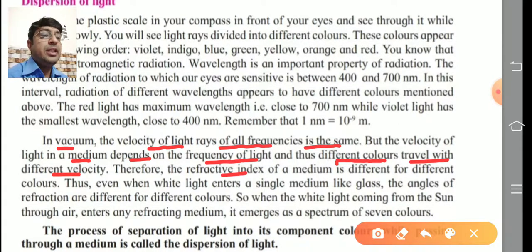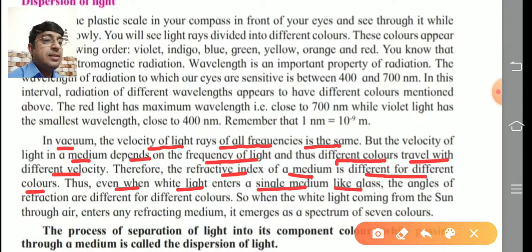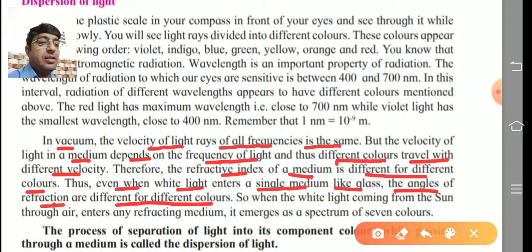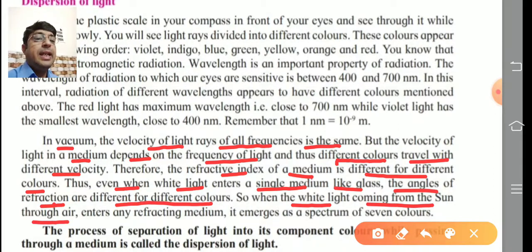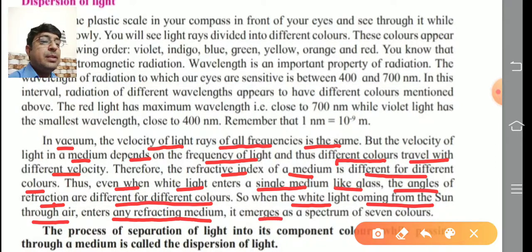Therefore, the refractive index of a medium is different for different colors. All are getting? Thus, even when white light enters a single medium like glass, the angles of refraction are different for different colors. So, when the white light coming from the sun through air enters any refracting medium, it emerges as a spectrum. Spectrum means a band of 7 colors.